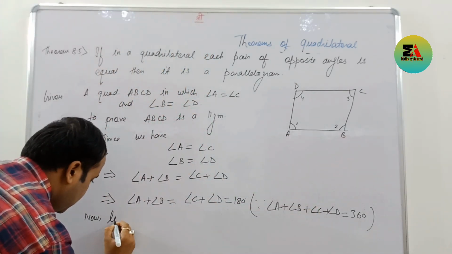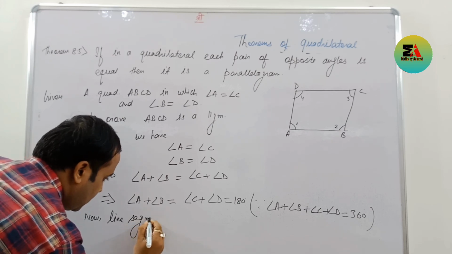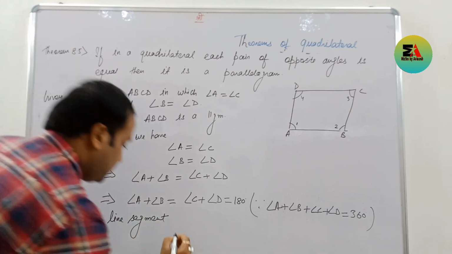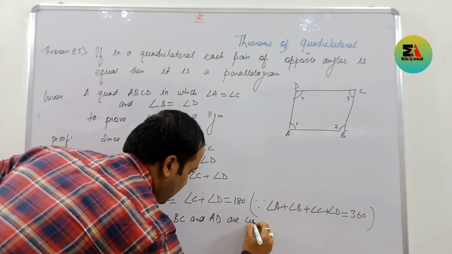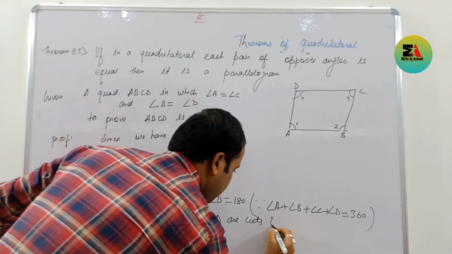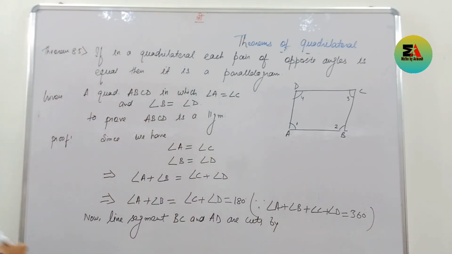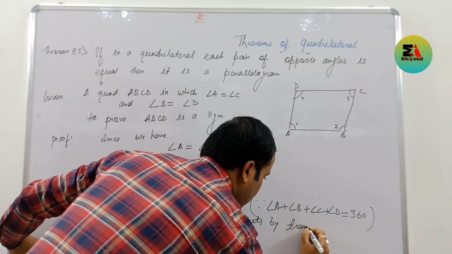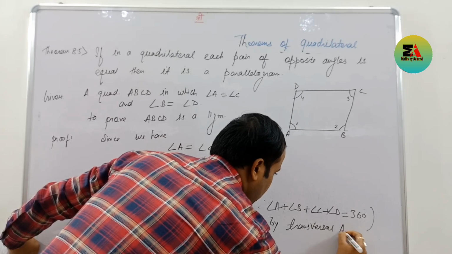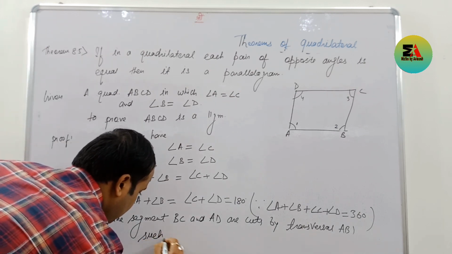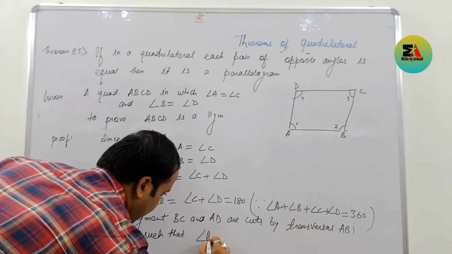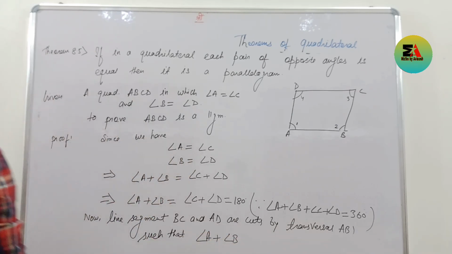So you have to write what? Line segments BC and AD are cut by transversal AB such that angle A plus angle B equals 180 degrees.